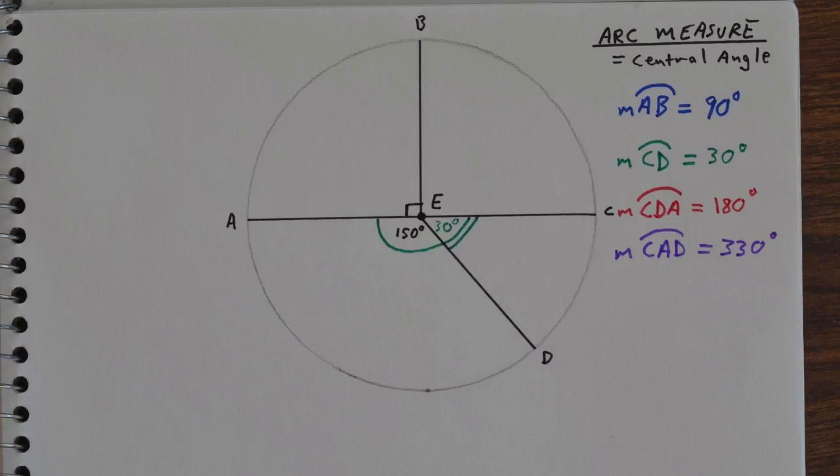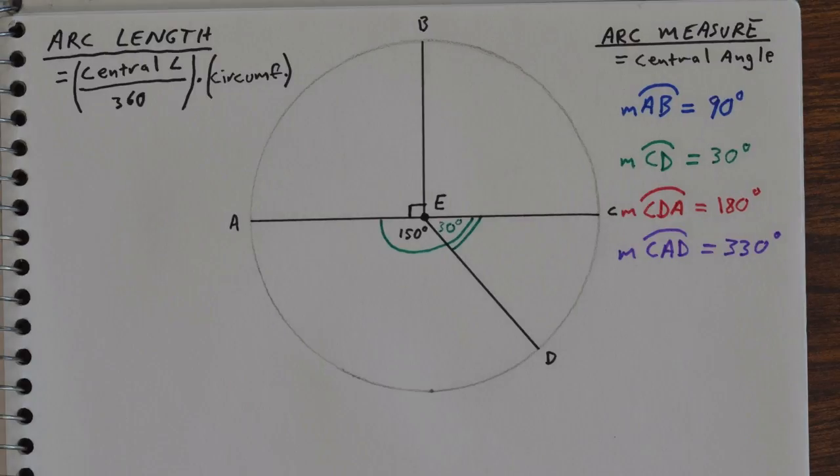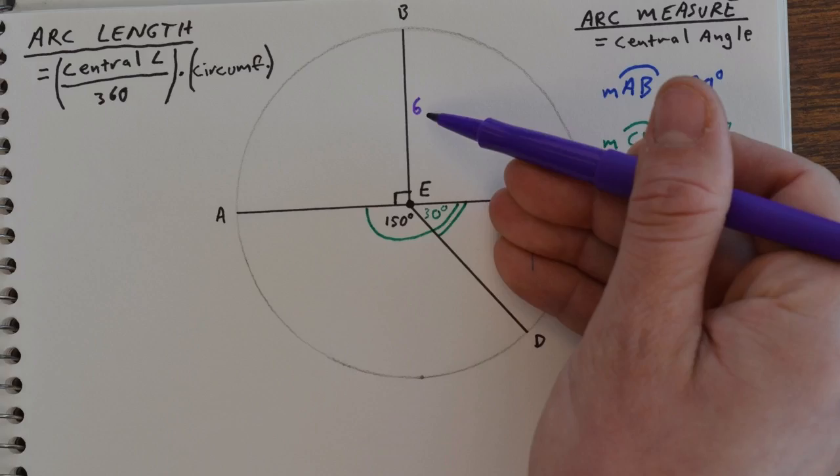So that's arc measure. We also have arc length. Now arc length, it takes the central angle divided by 360, multiplies that fraction by the circumference of the circle. Now, in order to get circumference, we of course need a radius. So let's pretend like this circle has a radius of 6.